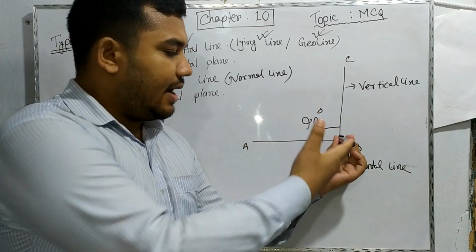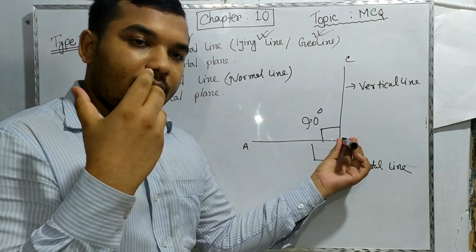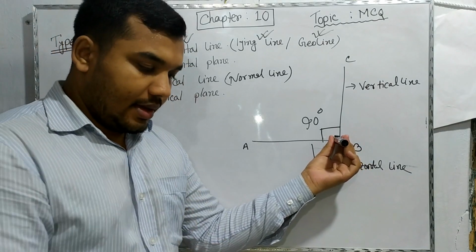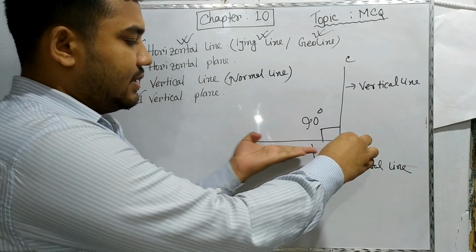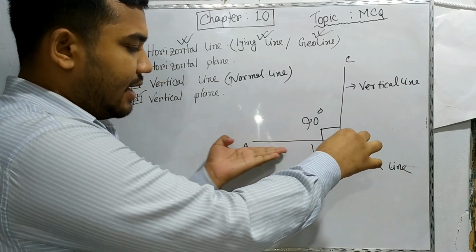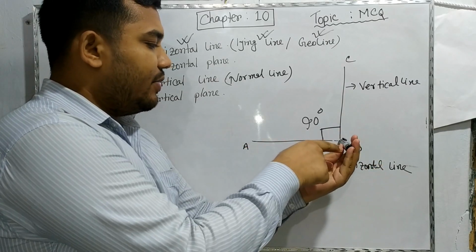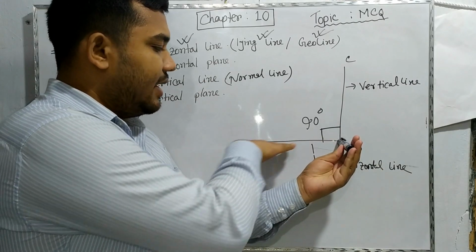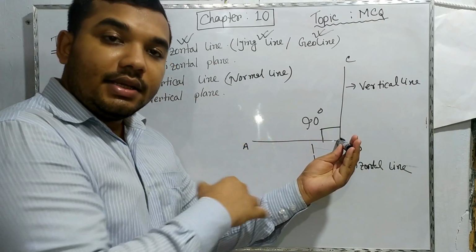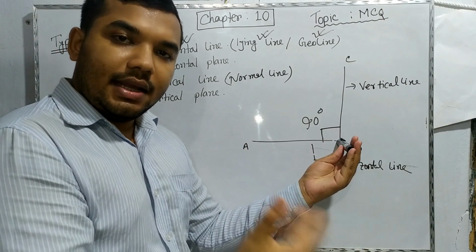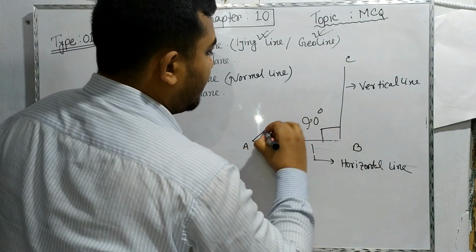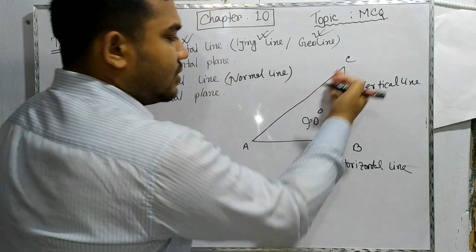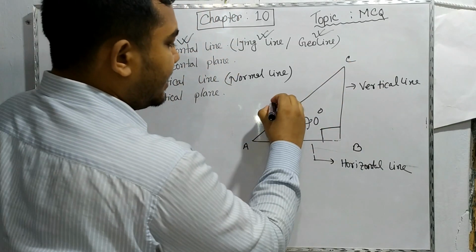So the vertical plane will actually be the surface of this area, so we may think of this point to this point and the surface of this part, this is generally called the vertical plane. So we can draw this this way. So this can be the vertical plane.